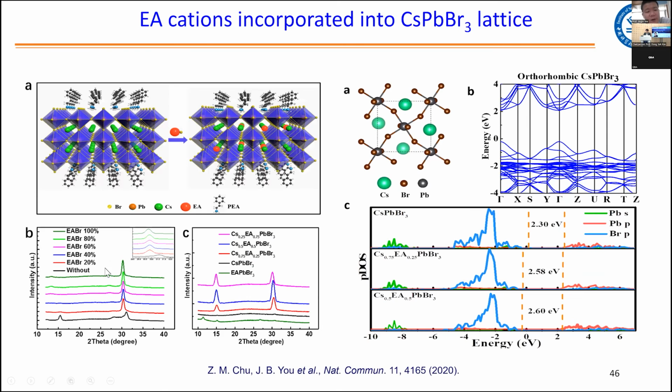We also found this large molecule is incorporated into the perovskite layer to tune the band gap. We also use DFT theoretical calculations to predict how the band gap changes and how we can use this molecule to tune the band gap.